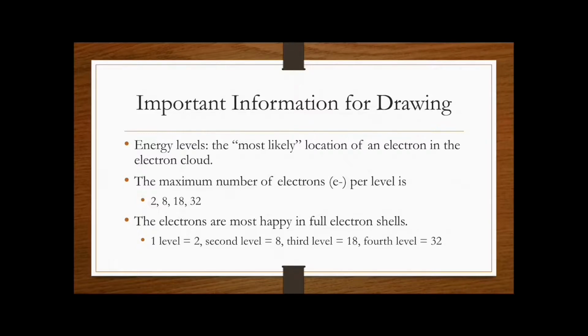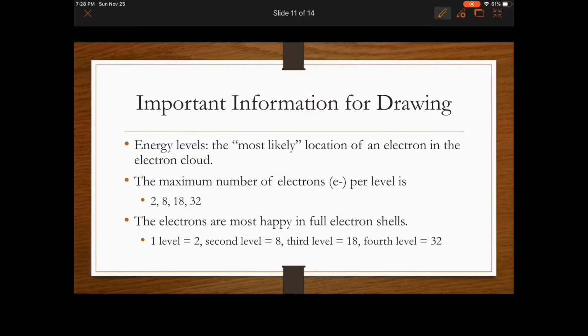So these electrons, they are super duper happy when they have full electron shells. So when level 1 has 2 electrons in it, when level 2 has 8 electrons, when level 3 has 18, and so on. So we would not have a situation where level 1 has 1 electron and level 2 has 8 electrons and level 3 has 3 electrons.